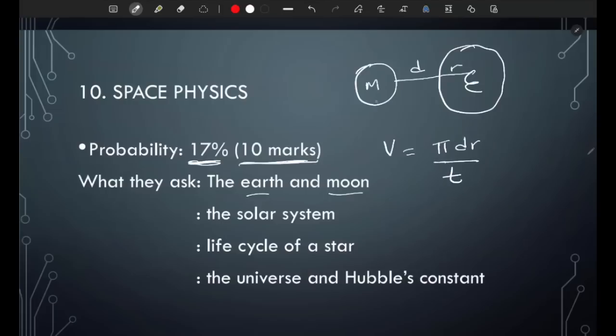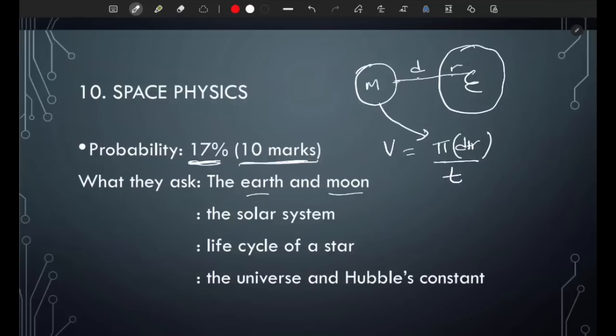Because the moon is moving in a circular motion, the total distance is like the circumference of the circle. So circumference is pi times the radius. So this whole line, pi times d plus r, sorry, it's pi (d + r). So that's the formula for the speed of revolution.